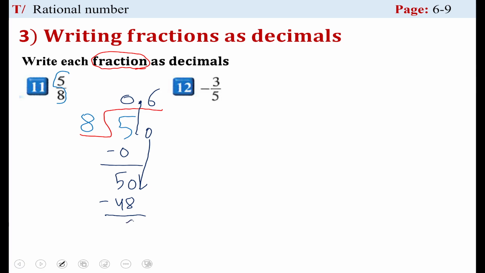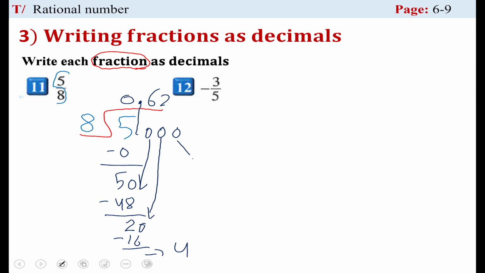Minus it from 50, it's going to be 2, 0 again. How many 8 in 20? I can say 2. 2 times 8, 16. It is going to be 20 minus 16 is 4.